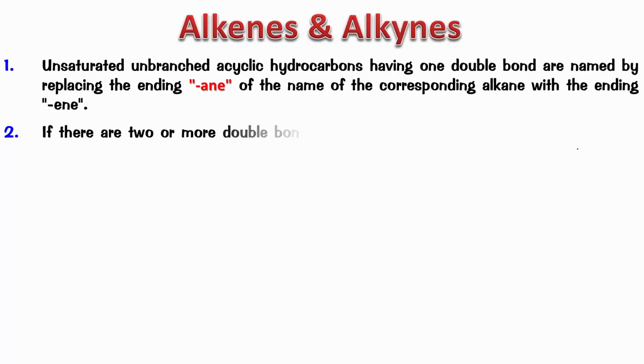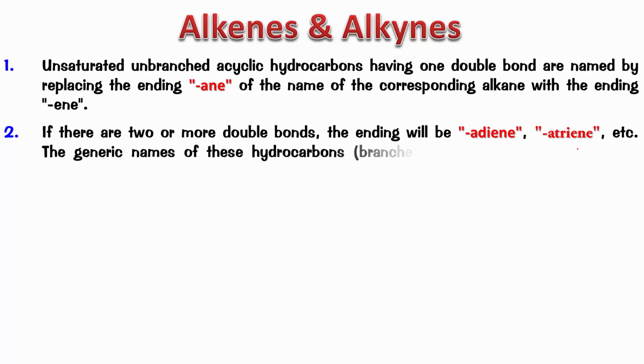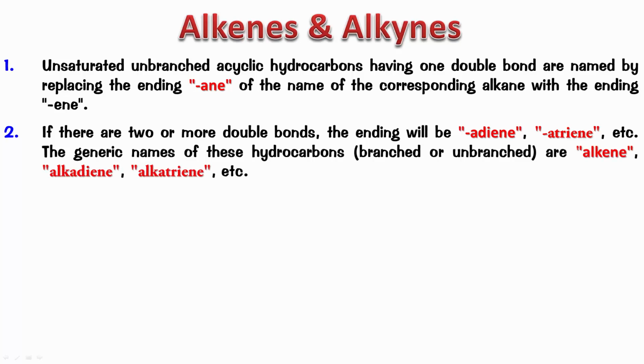So if there are two or more double bonds, the ending will be "adiene", "atriene", etc. The generic names of these hydrocarbons are alkene, alkadiene, alkatriene, etc.